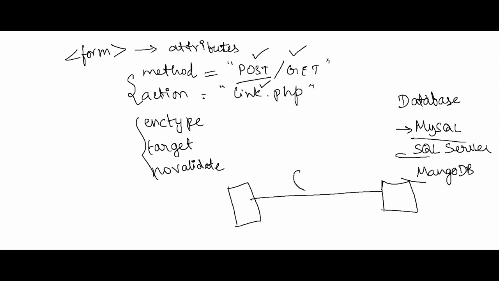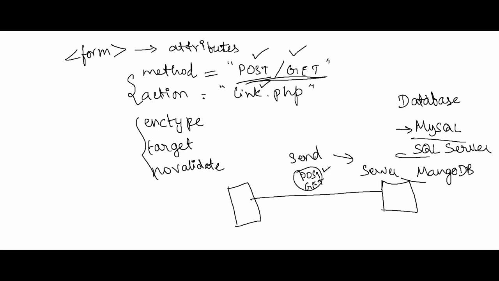So for this thing we are using these two methods, post and get, right? By the name, you are unable to assume that post is for posting data and get is for getting data, not like that, right? So both are used to send the data to the server, right?